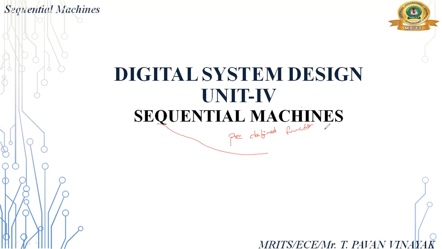Machine means predefined function, already designed, and you are using it. But circuits are designed for something new.